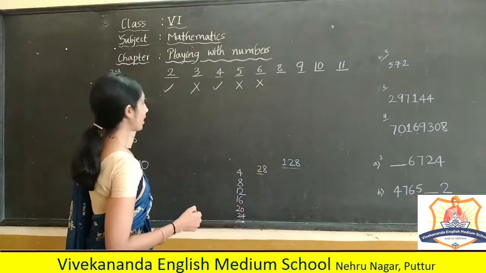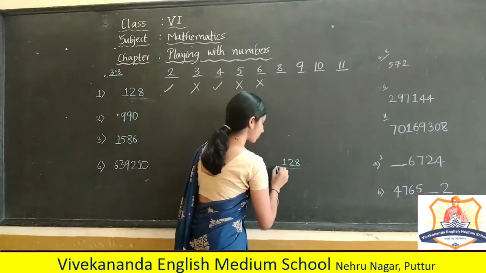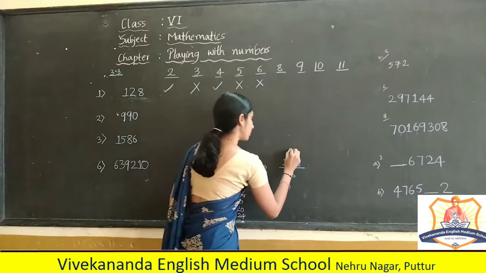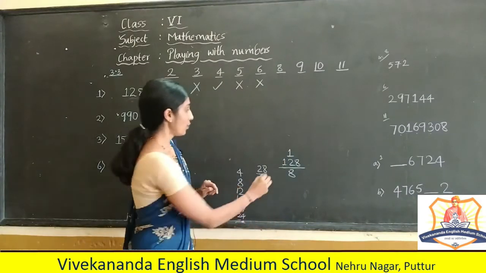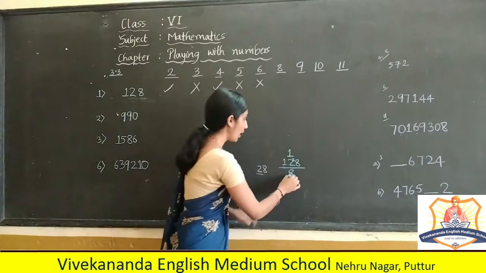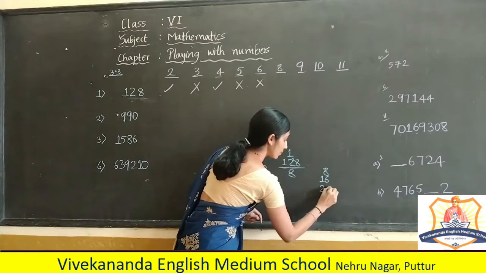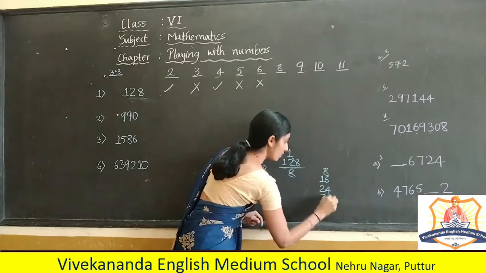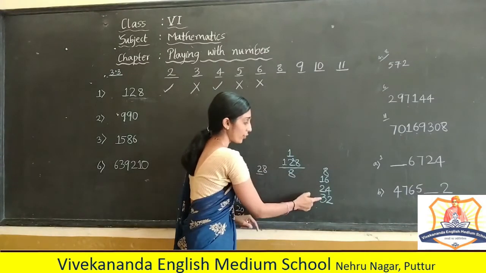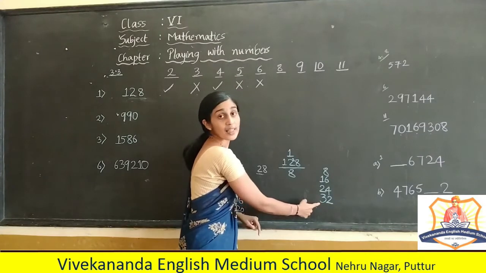Now it is a 3-digit number, so we should go for the actual division method. 8 ones are 8, 8 threes are 24, 8 fours are 32.